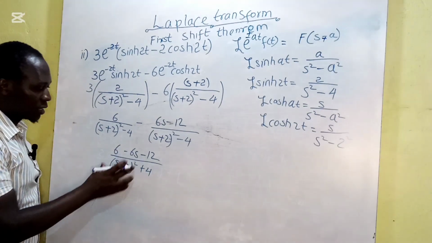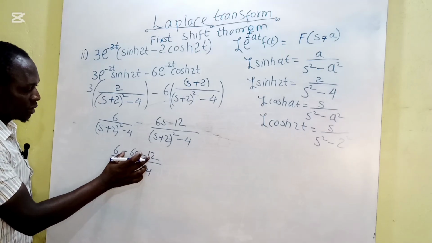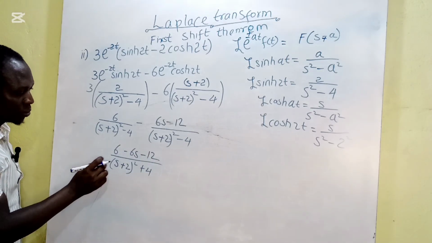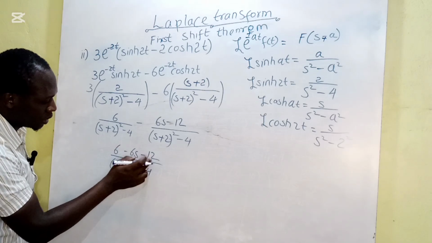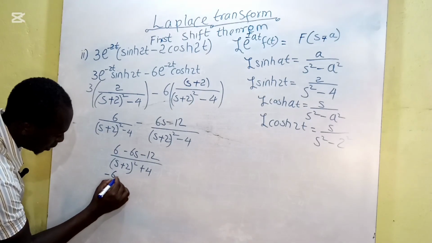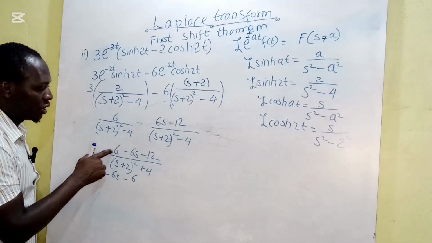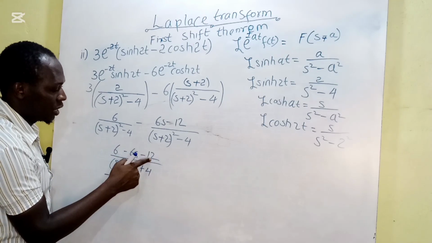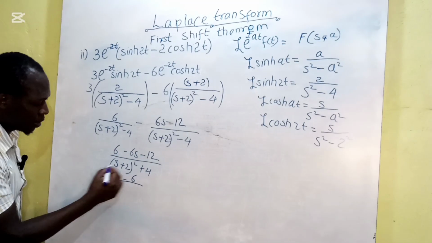At this point we can simplify both the numerator and the denominator. By simplification of our numerator, we are going to have the constant numbers together, and now we are going to have negative 6, subtract 6s, because here we are having a positive and here we are having a negative of 12, all over.